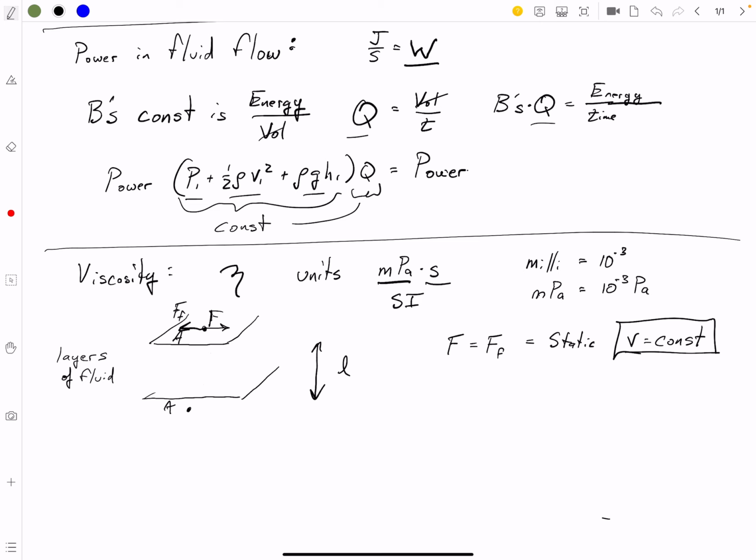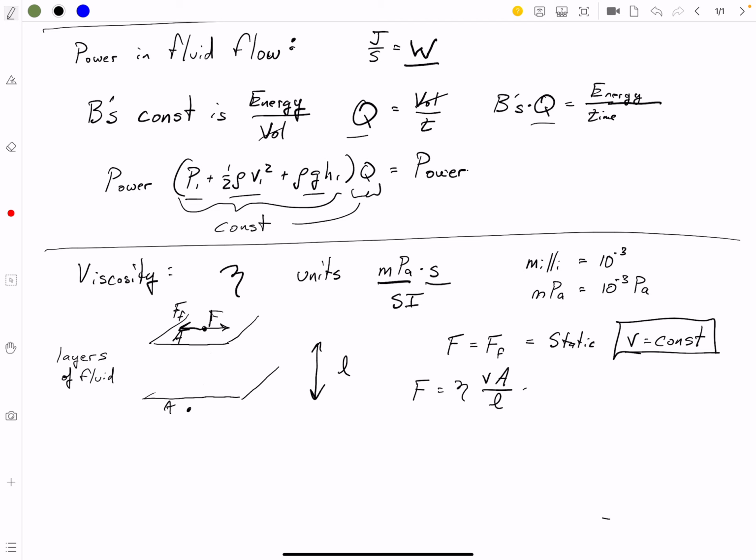Which is great. And so then we say, all right, well, our force that we're applying, now keep in mind, some theorist, wasn't me, went in and figured out that eta times our velocity times the area divided by L, the length, basically the width of our channel of flow, all equals our force, okay?